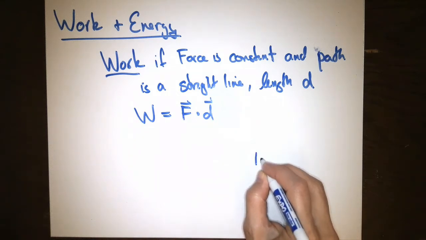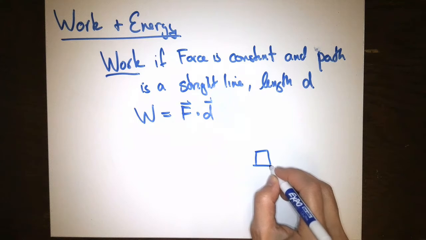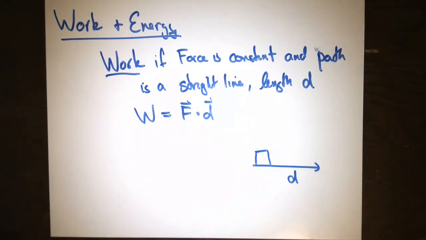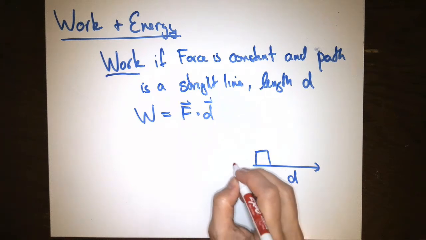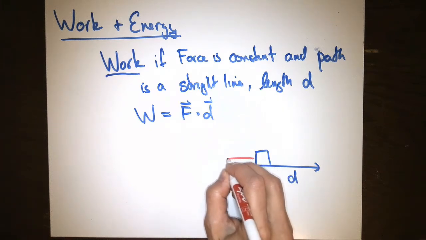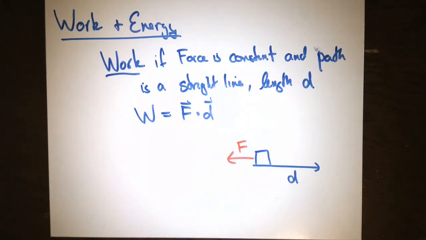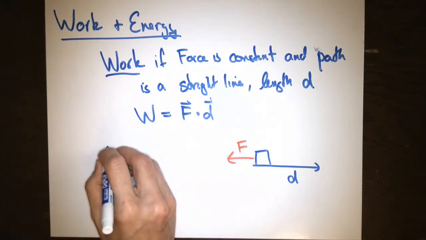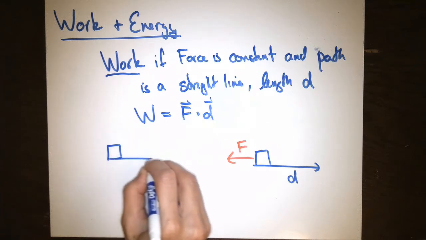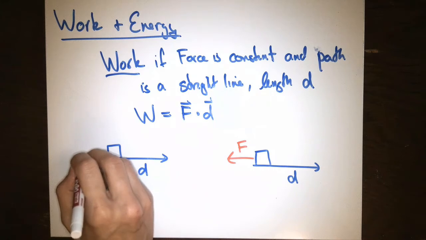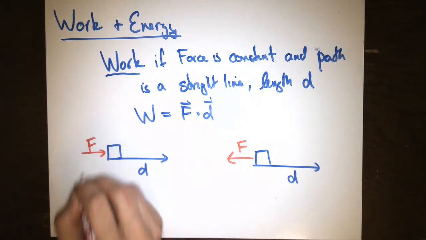The first one, we'll have a little object moving this way, that's its displacement. And the force is in the opposite direction of the displacement. Whereas over here, we have the same little object with the same displacement, but now the force is going in the same direction as that displacement.